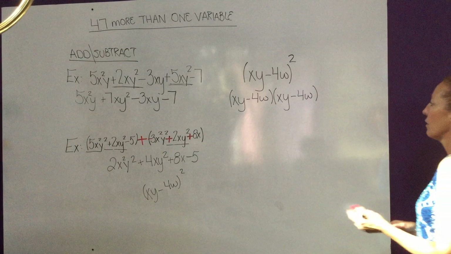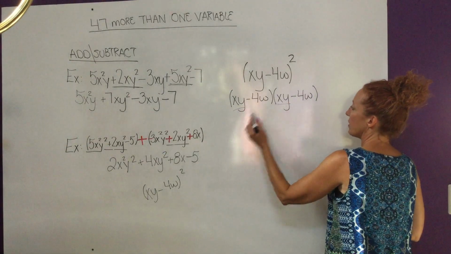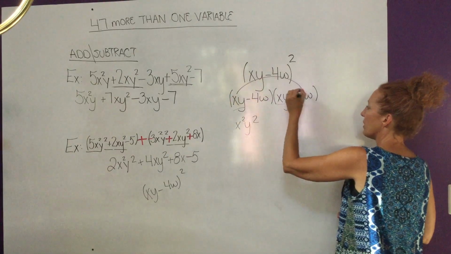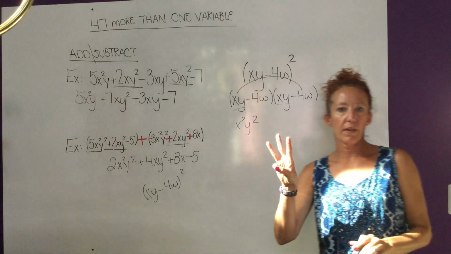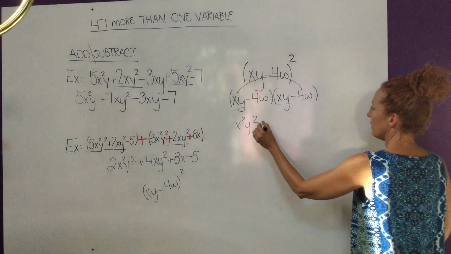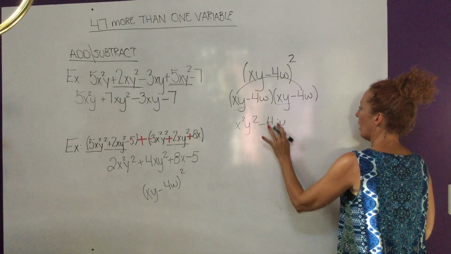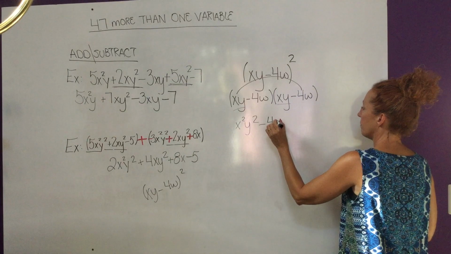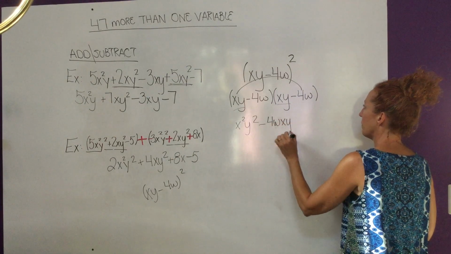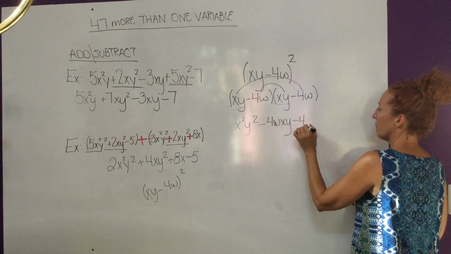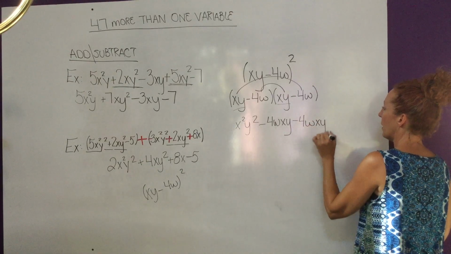Okay. So FOIL it up. That times that is x squared y squared. Outside piece, now we're going to have 3 variables in that one of those middle terms. Should probably write the w first. The inside piece is a minus 4wxy.